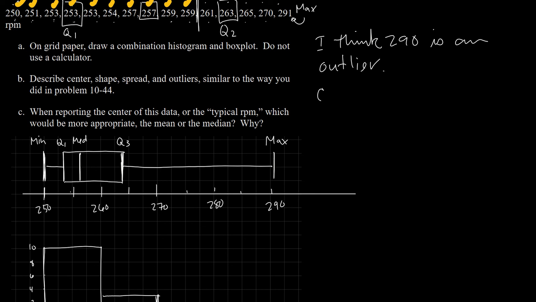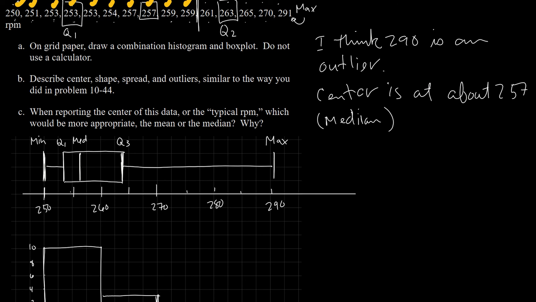I would say that the center is at, the median was about 257. I think that's the median, and I think that's a better description of the center of that data.